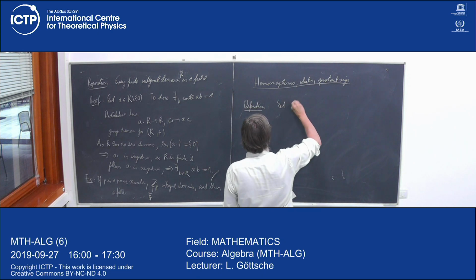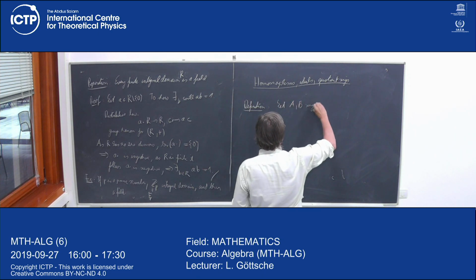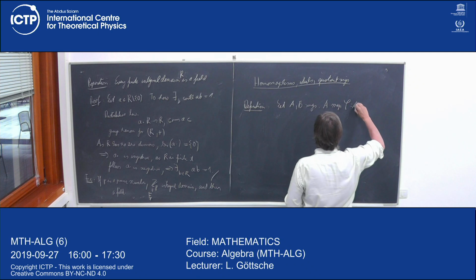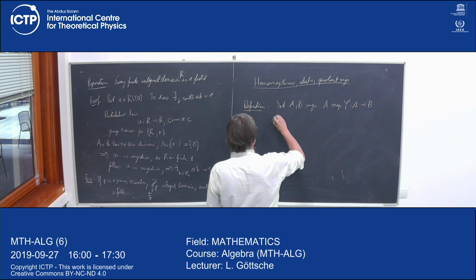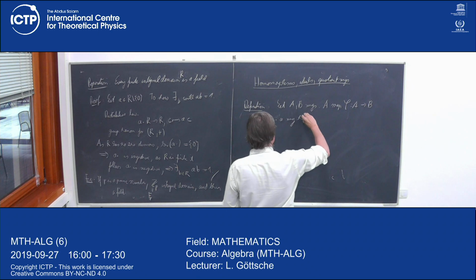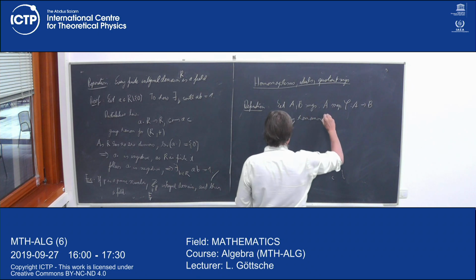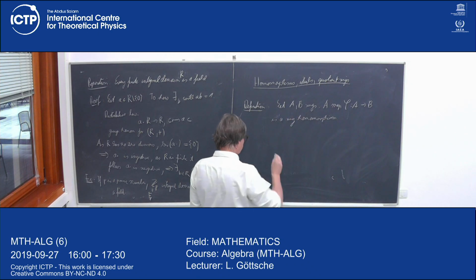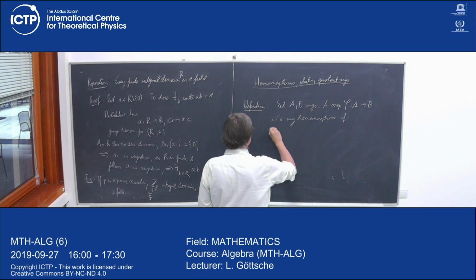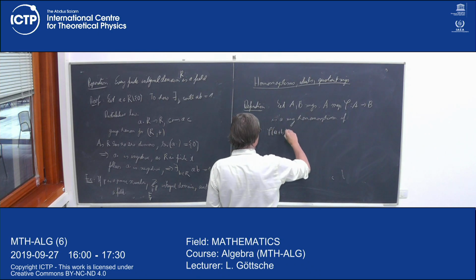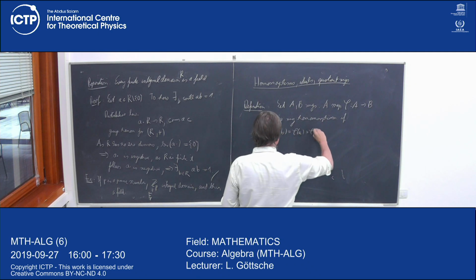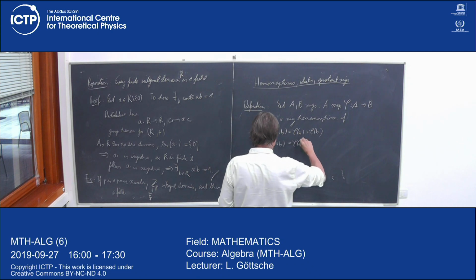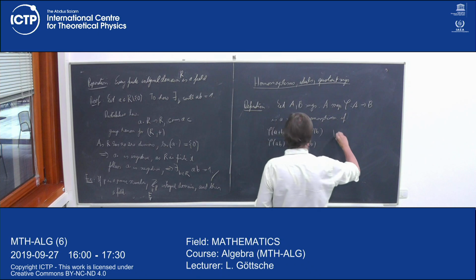if A and B are rings, a map phi from A to B is a ring homomorphism, I will write it out, if phi of a plus b equals phi of a plus phi of b, and phi of ab is equal to phi of a times phi of b for all a, b.